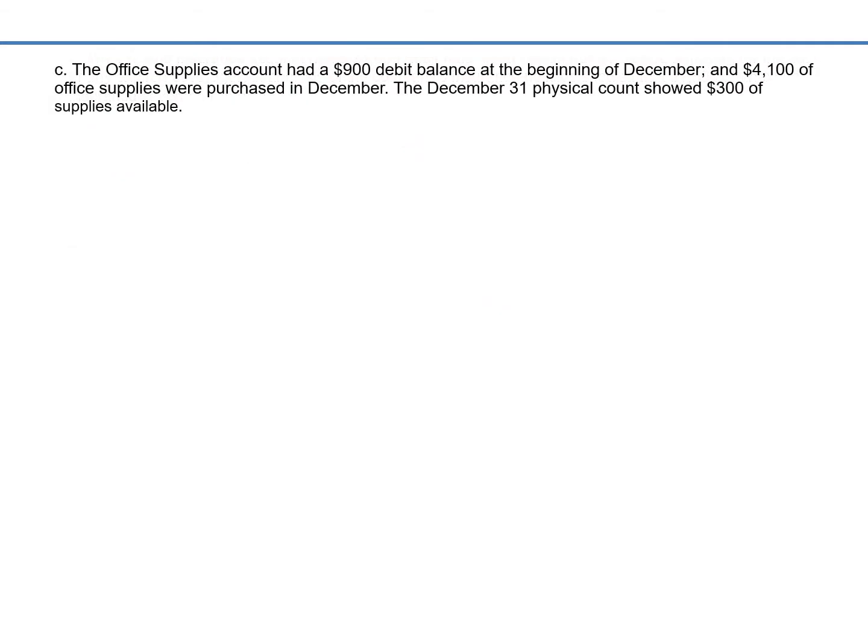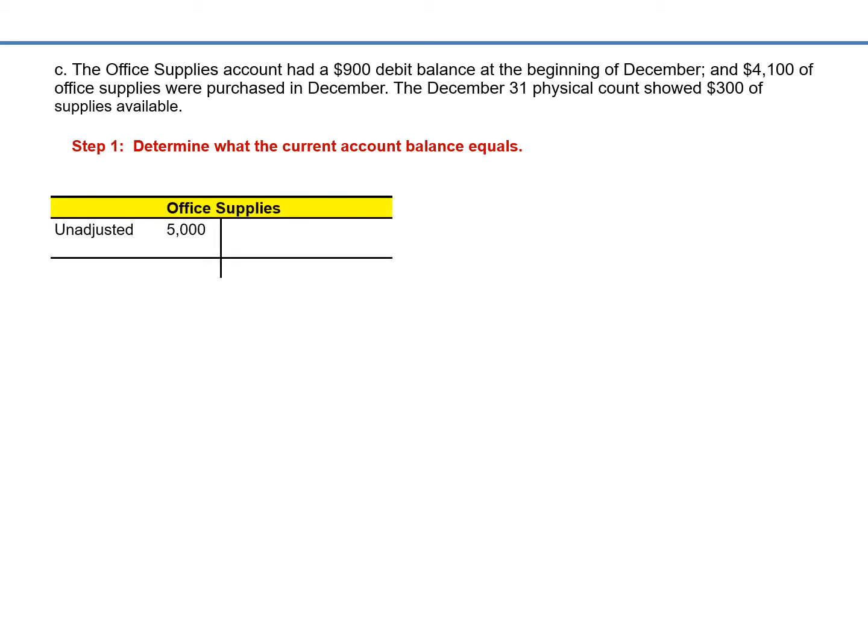Okay, in Part C, the office supplies account had a $900 debit balance at the beginning of December. $4,100 of supplies were purchased. Physical count showed 300 available at the end of the period. So determine what our account balance equals. 4,100 plus 900 is $5,000. What does it need to equal? 300.